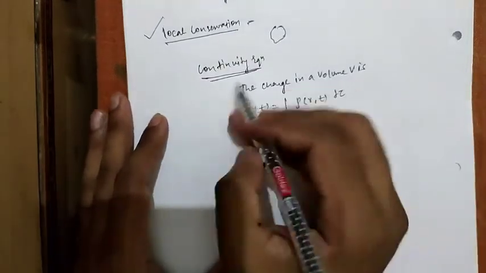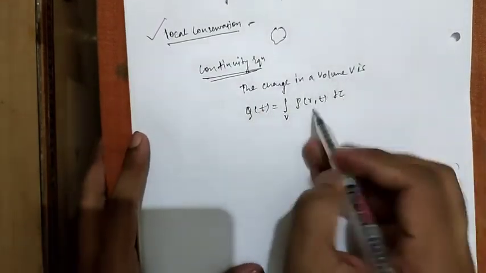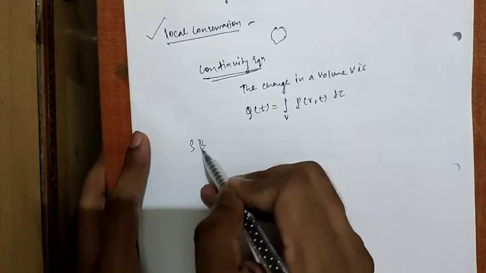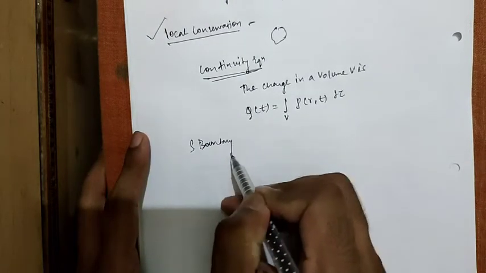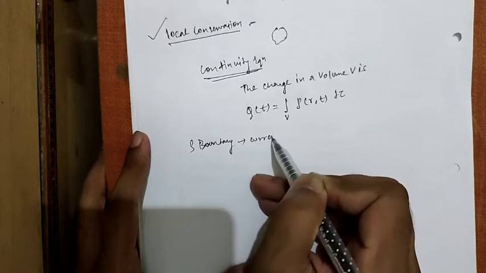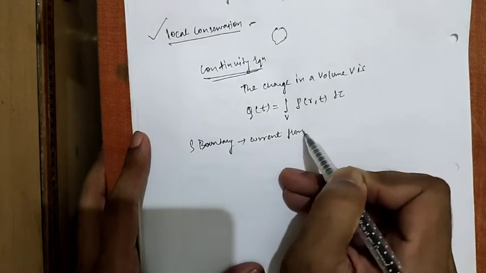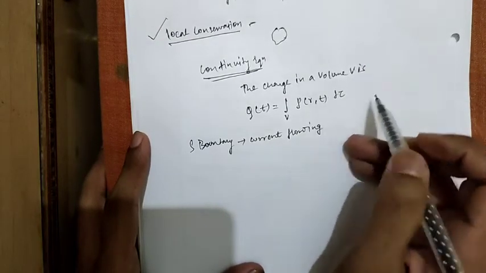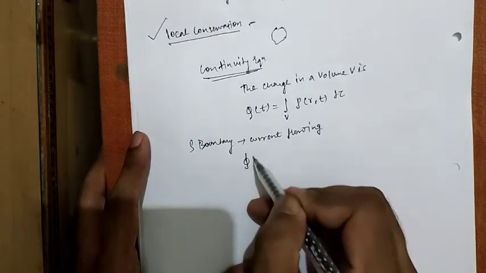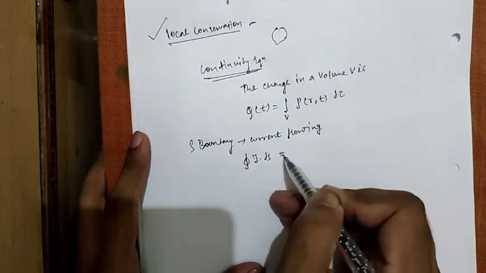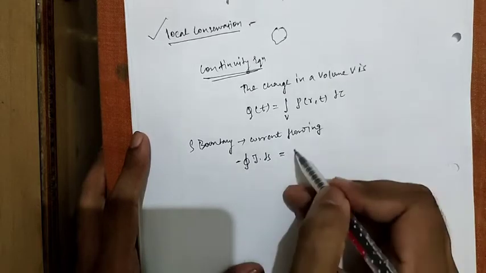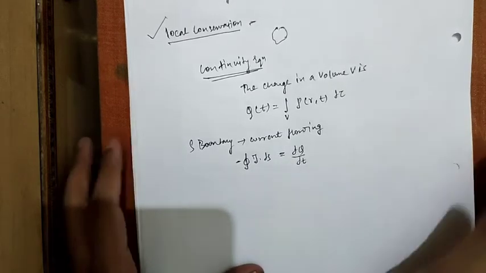And the current flowing through the boundary S is the integral of J dot dA, which is equal to dQ by dt.